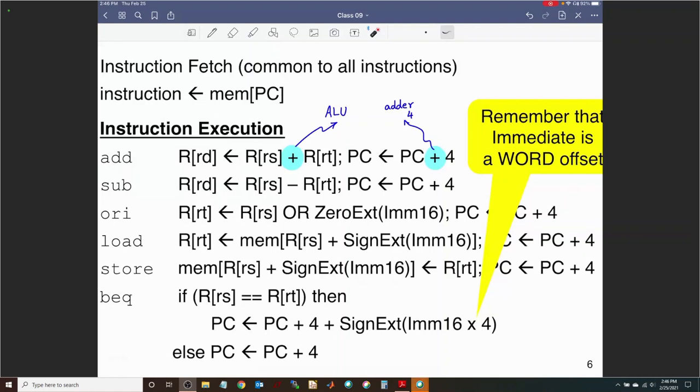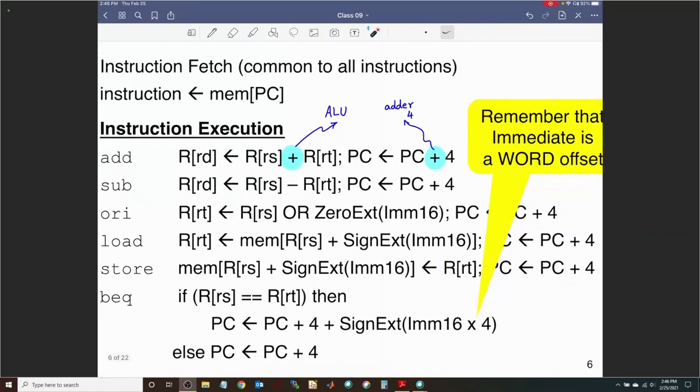So it's more about the ISA and not about whether you need to add 1 or 4. It's directly related to the ISA. For MIPS, with word-aligned 32-bit instructions, I need to add 4.